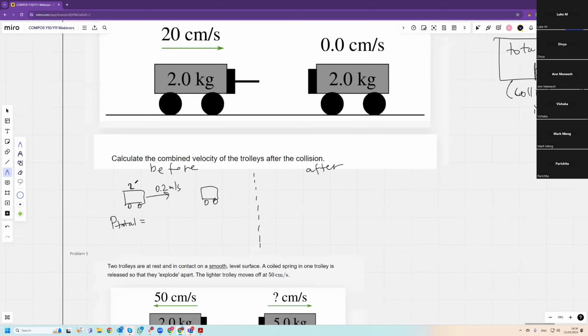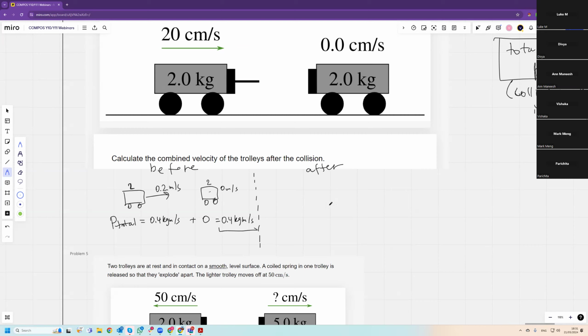So 2 times 0.2 is 0.4 kilogram meters per second. Now this one is 2 kilograms, but it's not moving, 0 meters a second, so plus 0. So the total momentum is 0.4 kilogram meters per second.